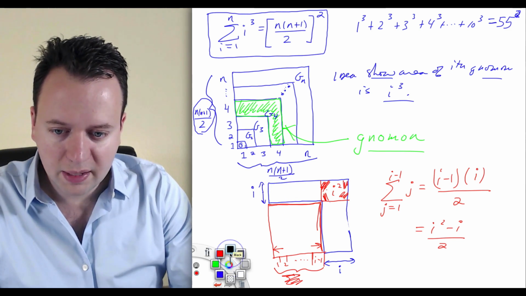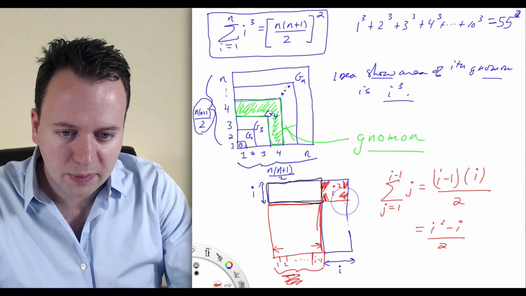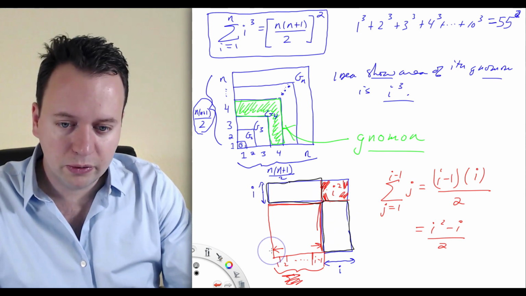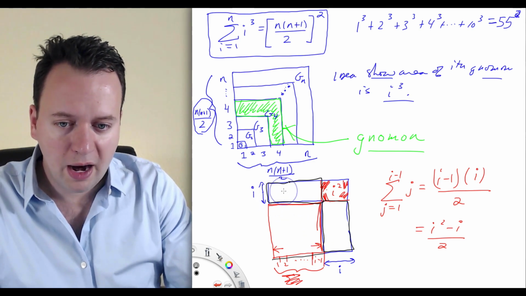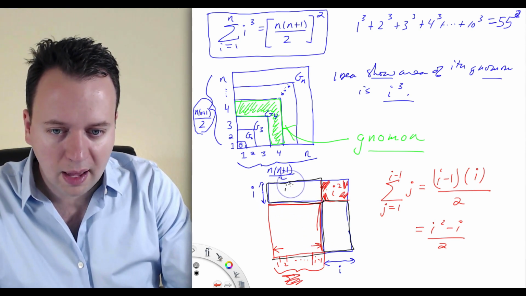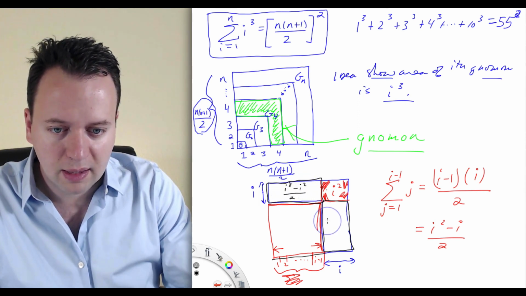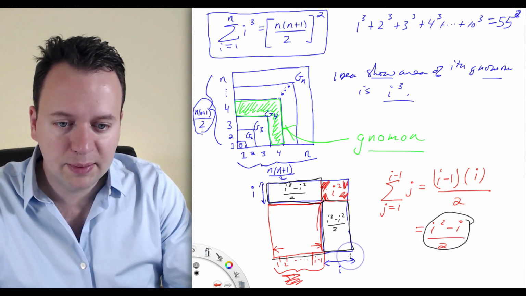Now the piece over here is identical to the piece down here. And both of them are equal to this length times i. So the area here is going to be i cubed minus i squared over 2. And the area here is i cubed minus i squared over 2, because it's just this formula times i.